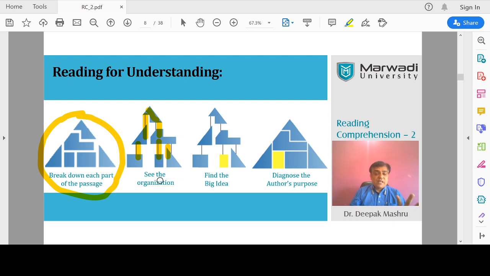In that way, you are going to make a kind of mind map of the paragraph. Mind map is a common keyword that you might have come across in any website or any book where strategies for reading comprehension are given. So organization means you identify the kind of organization or structure of the paragraph, how it progresses.